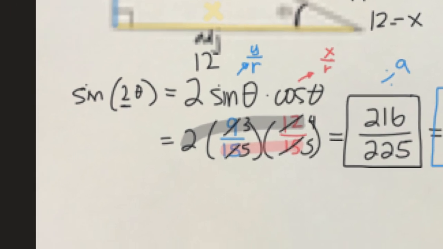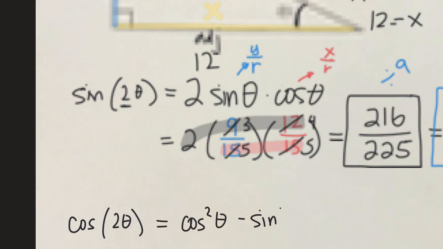Okay, now let's move over and do the cosine of the double angle. So I'm going to use the formula cosine squared minus sine squared. It's just my favorite, so that's why I'm using it. And there's no ones. I don't have to subtract ones and change my fraction. So cosine, once again, was 12 over 15.